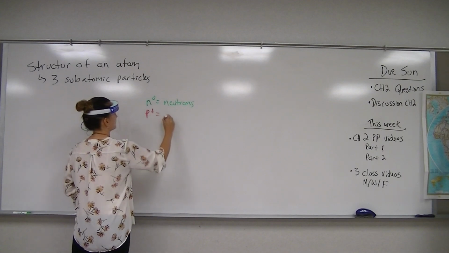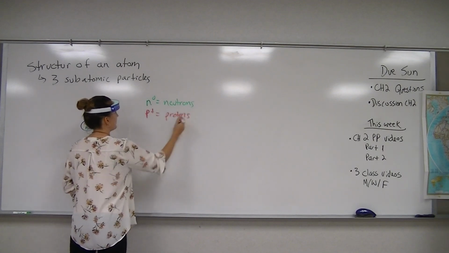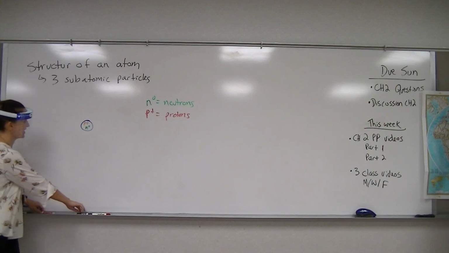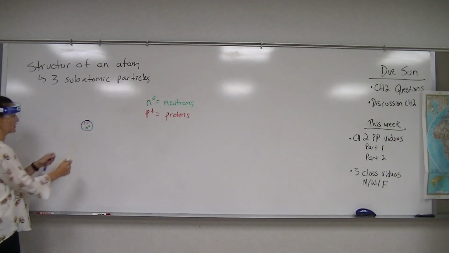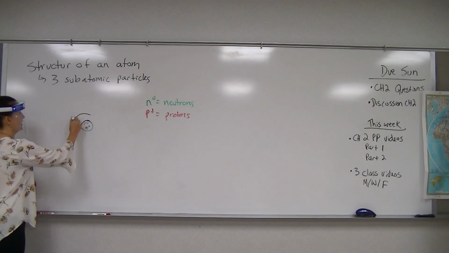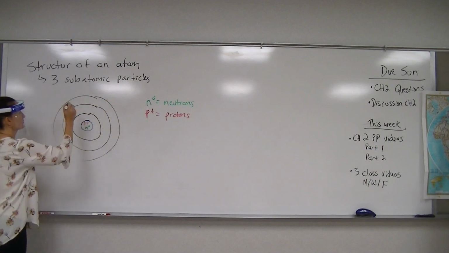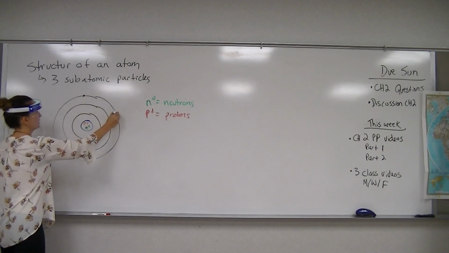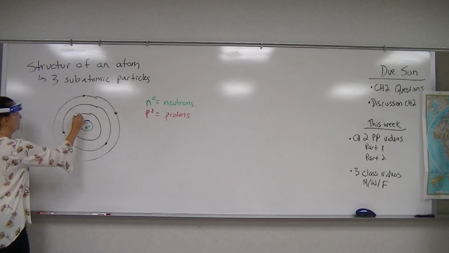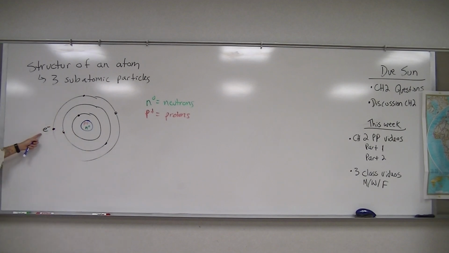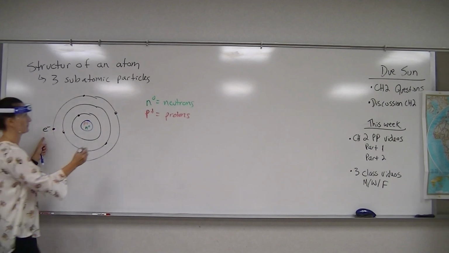It does. Protons. And then the last subatomic particle we're going to talk about are the electrons. The electrons are not in the nucleus. They're on these surrounding energy levels. So we have little guys on all levels, and these are the electrons represented by this E- sign.